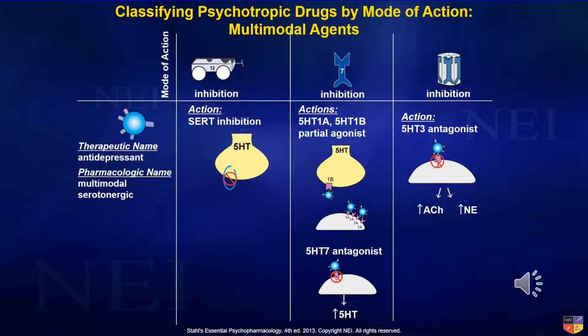So we have medications that work on a single function, like a simple serotonin reuptake inhibitor. We have medications that work in several functions, such as the serotonin norepinephrine reuptake inhibitors. Now we have also medications that are multimodal. They work on several different actions at once. They are inhibiting the reuptake of medications through the transport system.